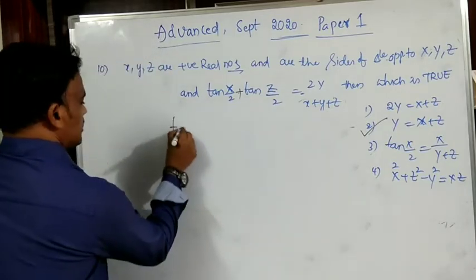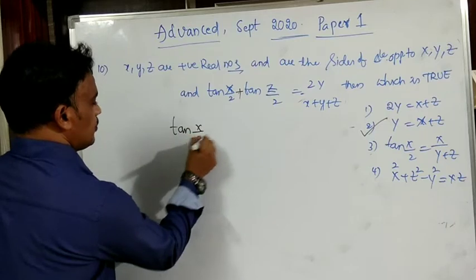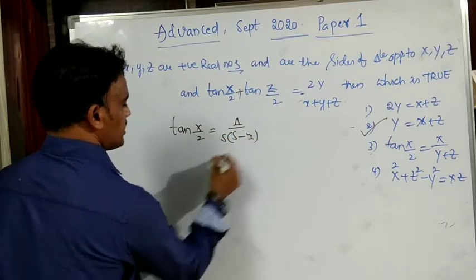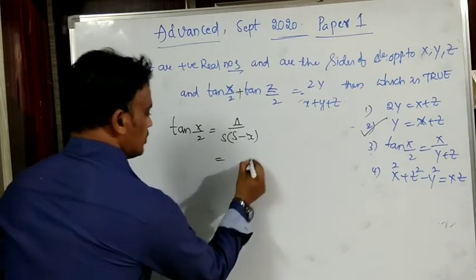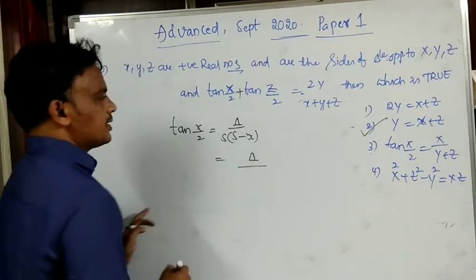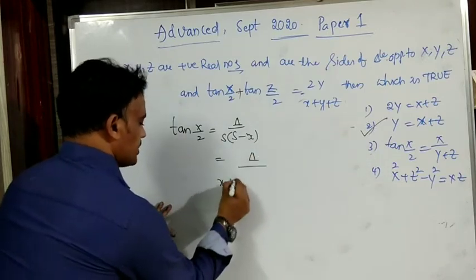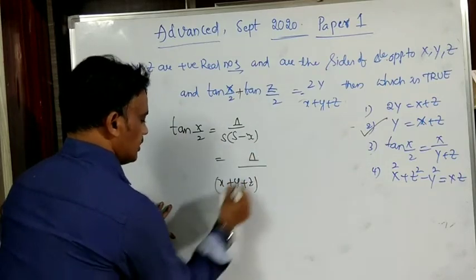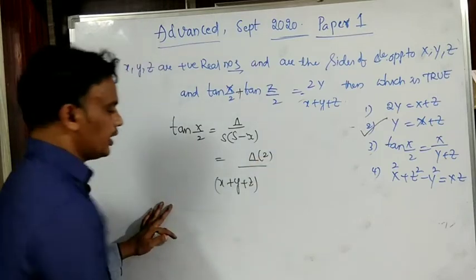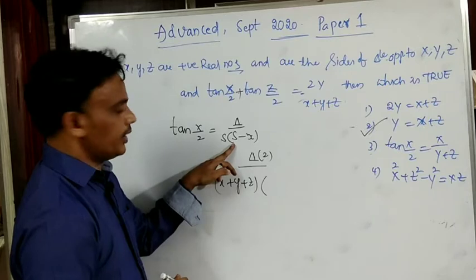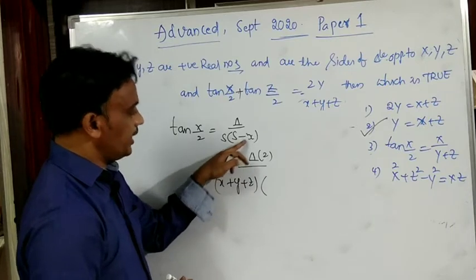Please write this one: tan x by 2 equals delta by s into s minus x. Here s means x plus y plus z by 2, so s minus x is x plus y plus z by 2 minus x.